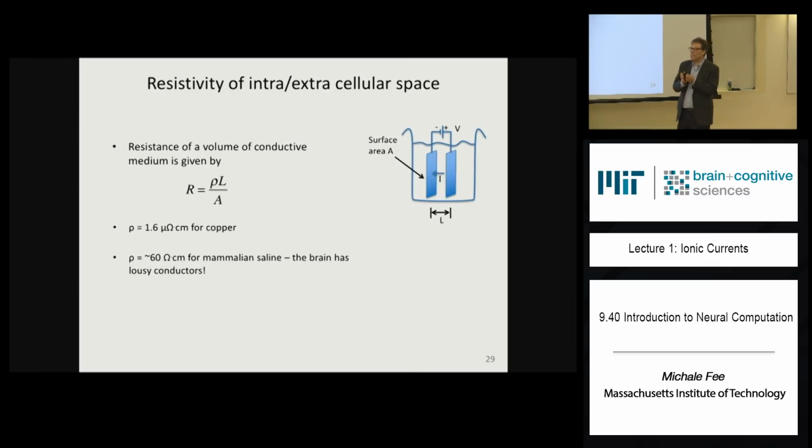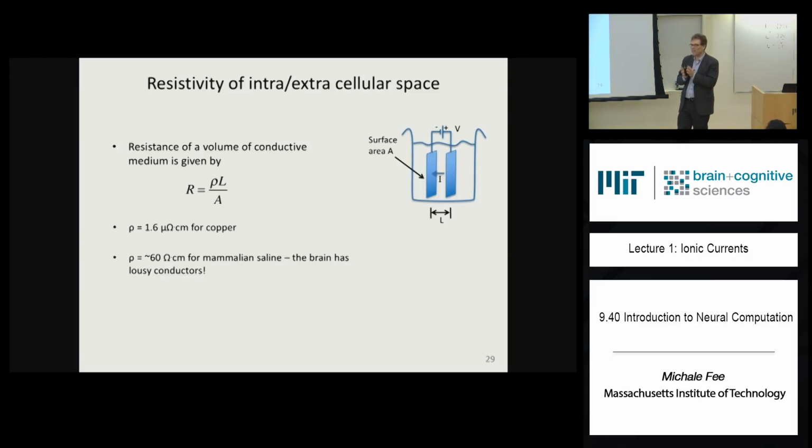And what that means is that when you try to send some current through the brain, the voltage just drops. You need huge voltage drops to produce tiny currents.